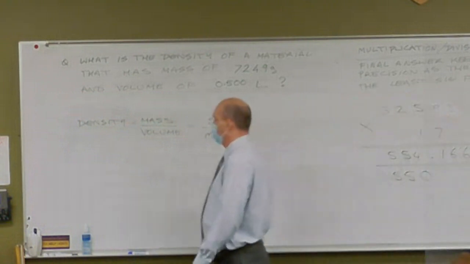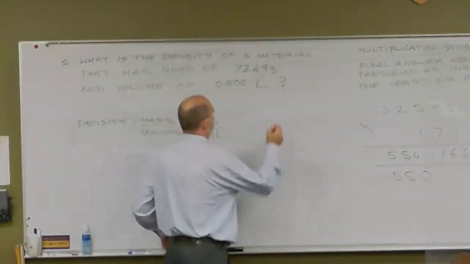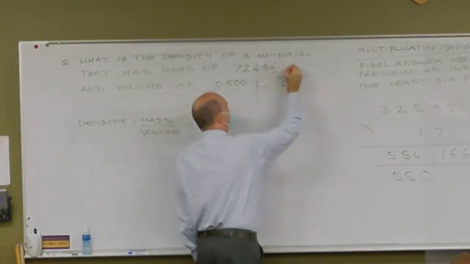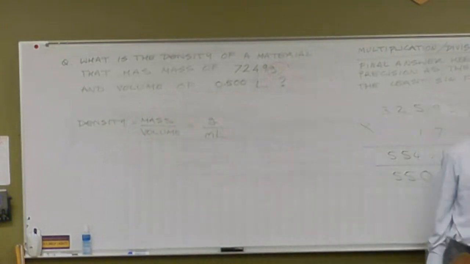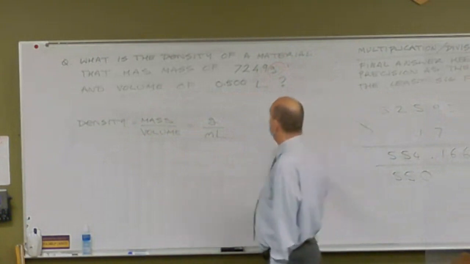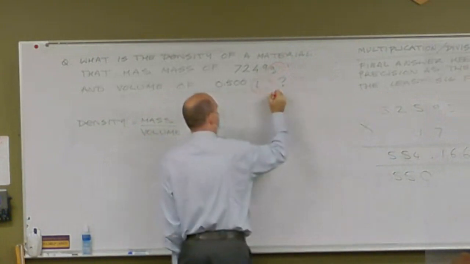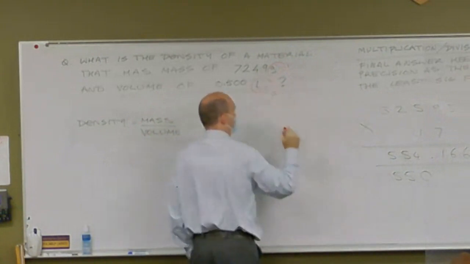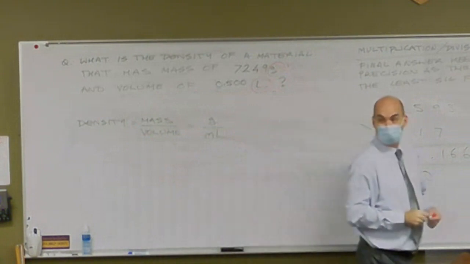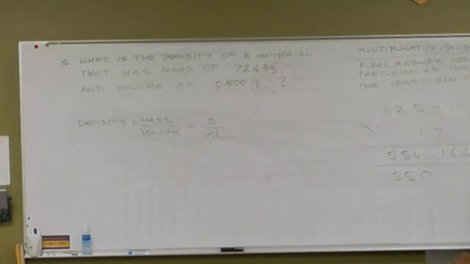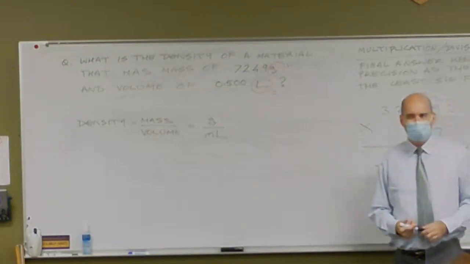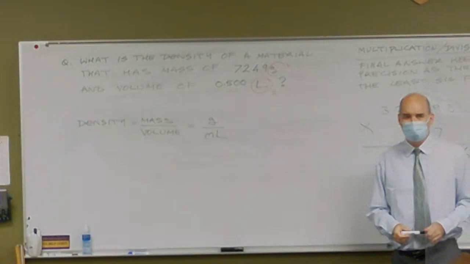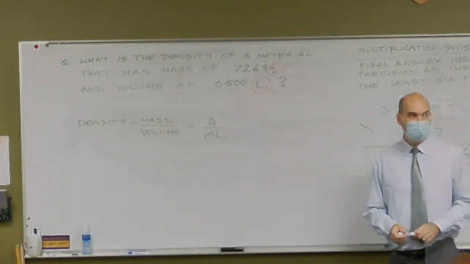When I look at the question, it gives me a mass, and it's in grams. And then it gives me a volume, and that volume is not in milliliters. That volume is in liters. How many milliliters were in a liter? 1,000.